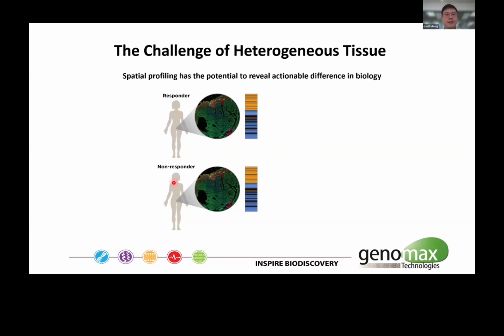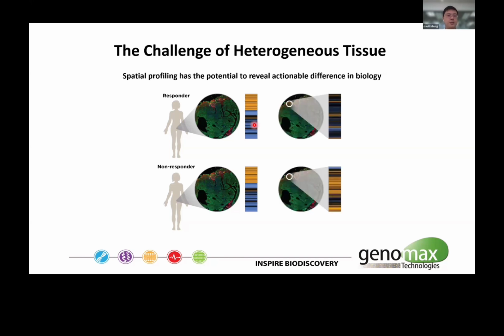Then you extract the total RNA from the whole tissue section and do gene expression profiling. Due to the heterogeneity of the tissue, the biopsy will usually contain not only the tumor tissue but also the surrounding normal tissue. So due to the heterogeneity of the tissue type, chances are you might not be able to find any significant difference in terms of their gene expression profile.